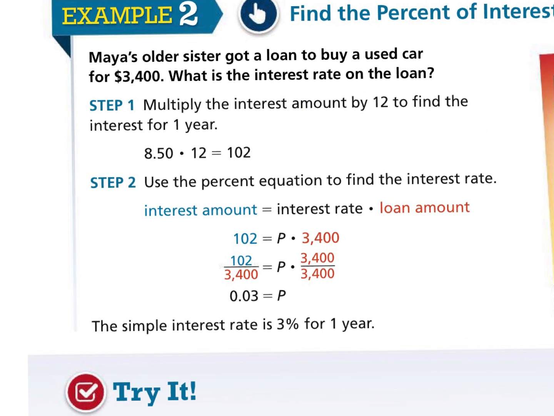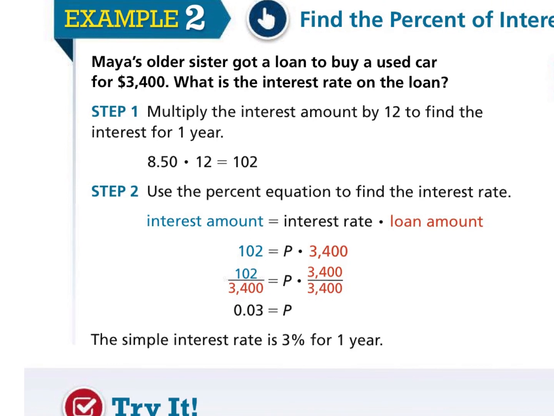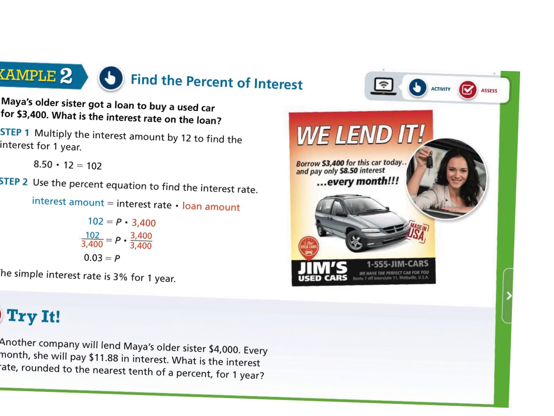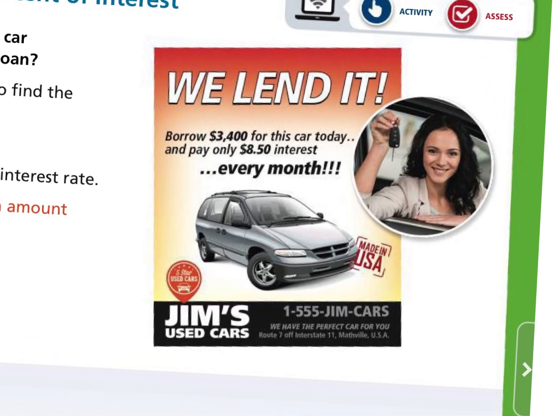Example 2, Maya's older sister got a loan to buy a used car for $3,400. What is the interest rate on the loan? So if you look at the information here, you can see that it's $8.50 interest.